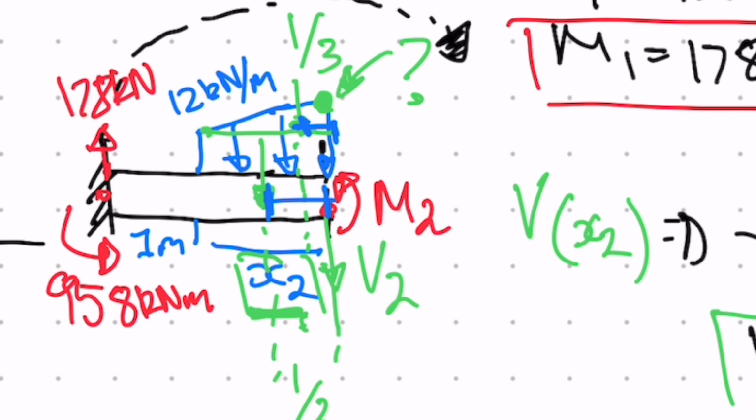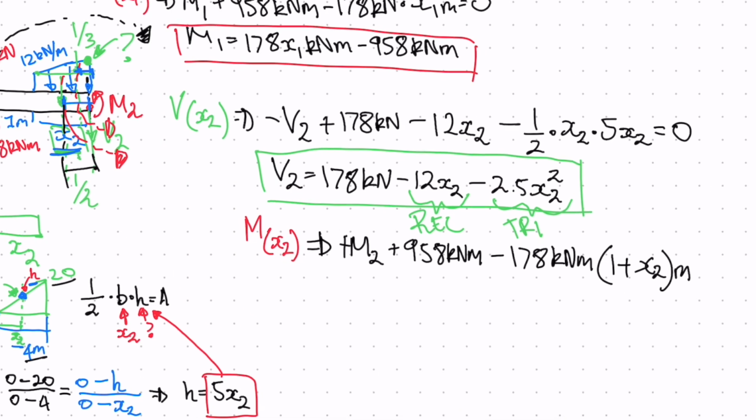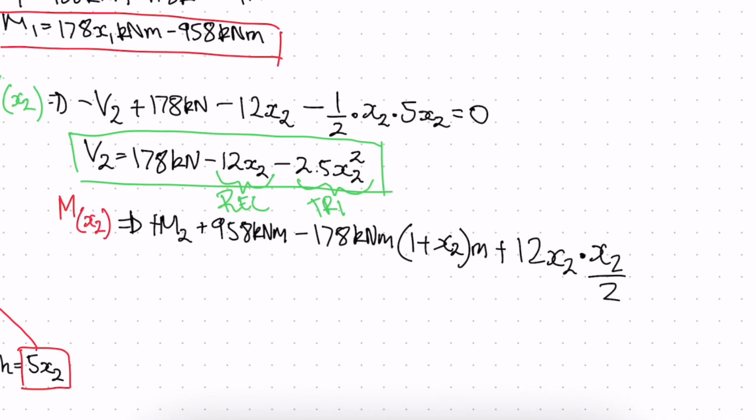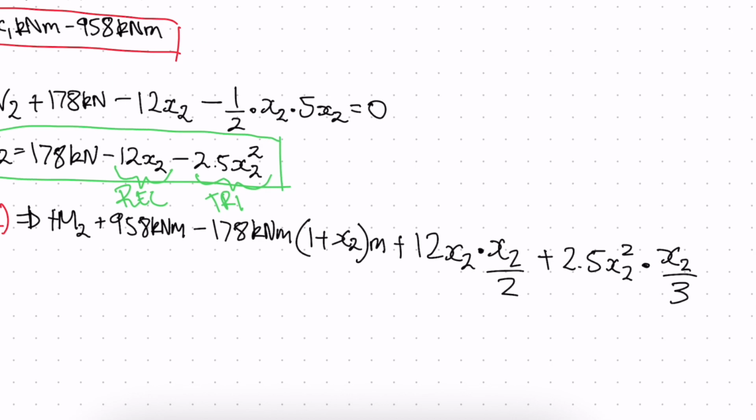So we'll have our moment from our triangle and our rectangle acting in this direction, so they'll be acting in the anti-clockwise direction. So it'll be positive 12 X2 multiplied by X2/2, and then we'll have a positive 2.5 X2 squared multiplied by X2/3, and all of this will be equal to 0.